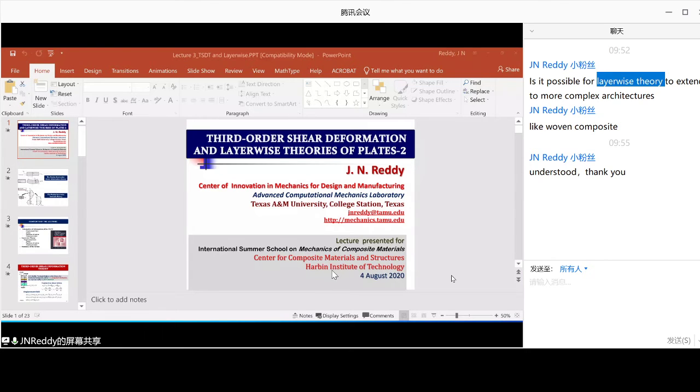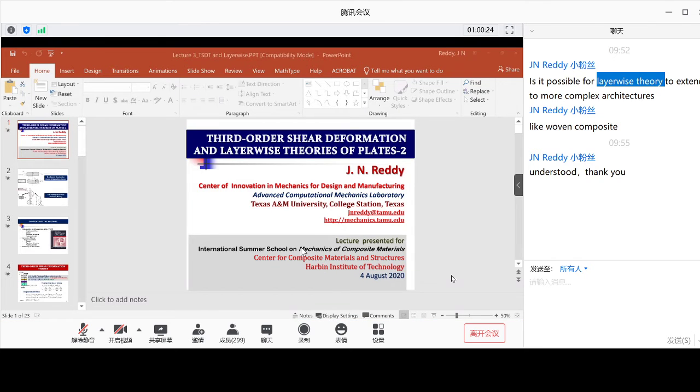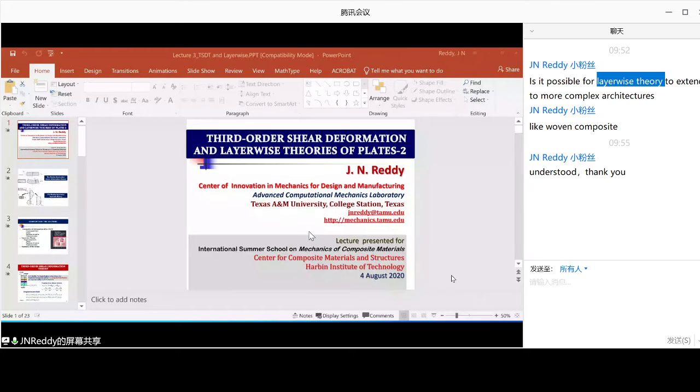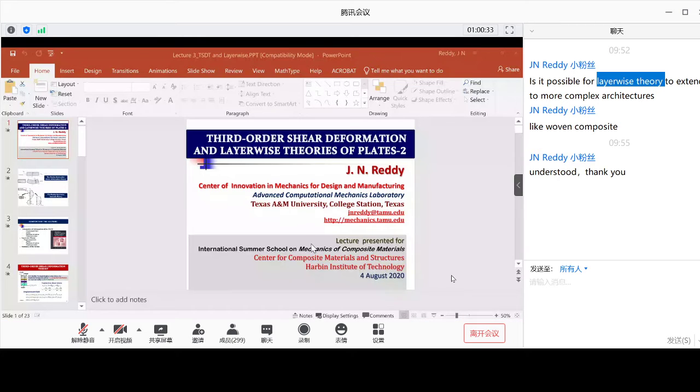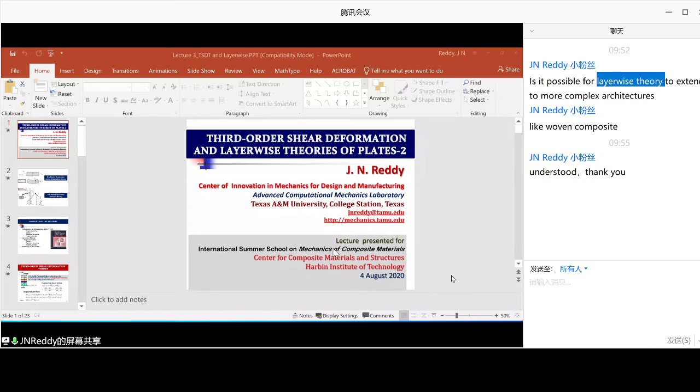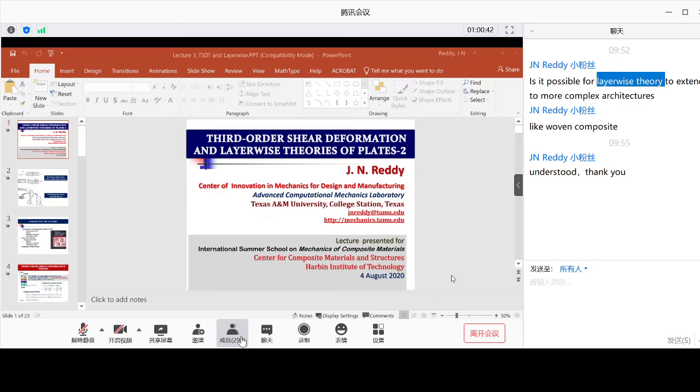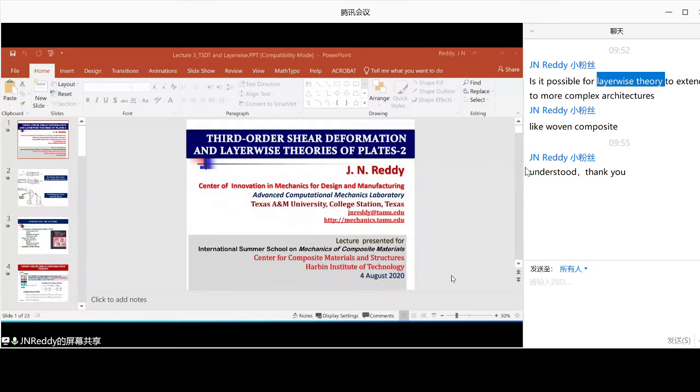Elsewhere, we have continuous variation, even though it is piecewise continuous. But when you have a delamination at an interface, at that point you will have two displacements, one in the top layer and another in the bottom layer at the same node. So you have to bring the discontinuity into the displacements. It requires a little bit more effort, but it can be done.